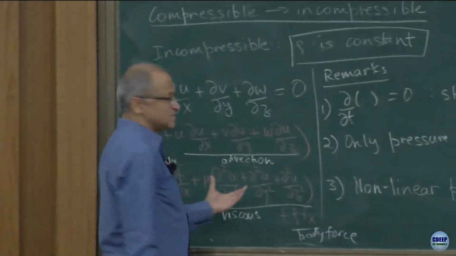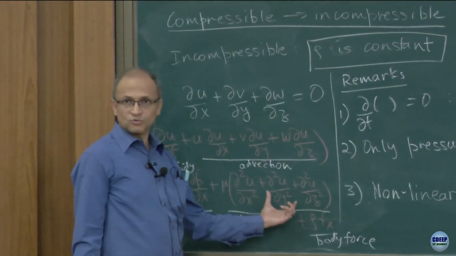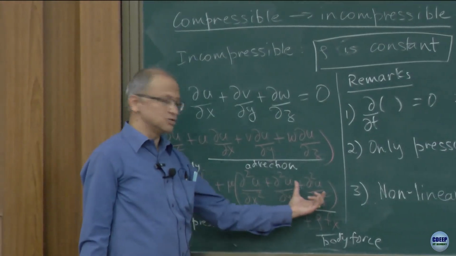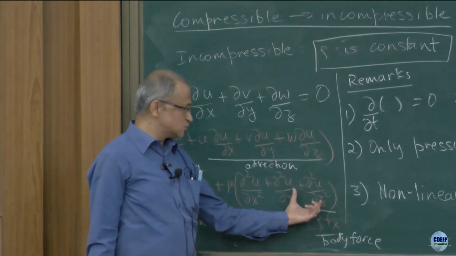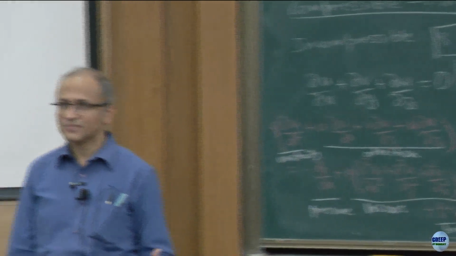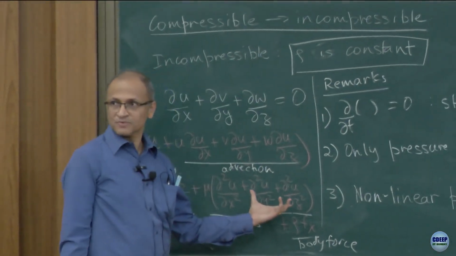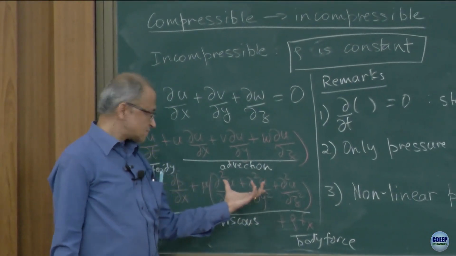That means we need to integrate it twice with respect to x, twice with respect to y, and twice with respect to z. So I need 6 boundary conditions with respect to u, and only with respect to space.